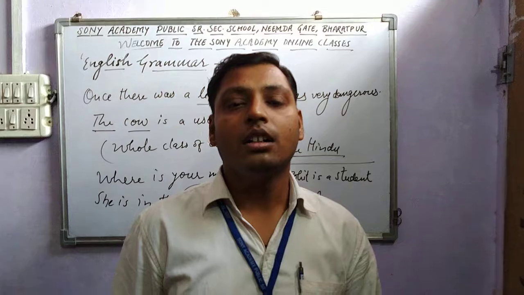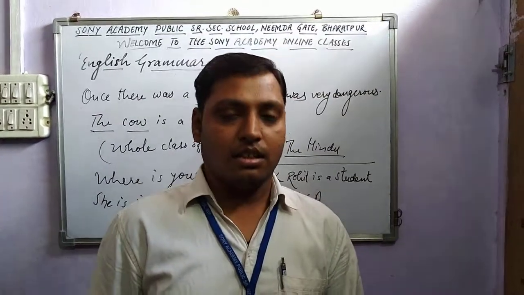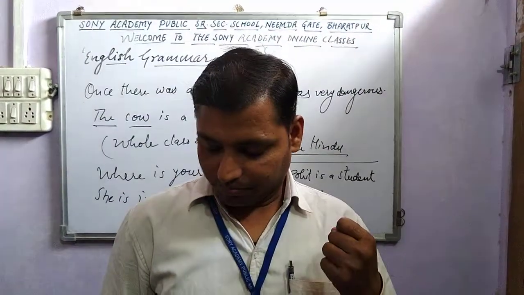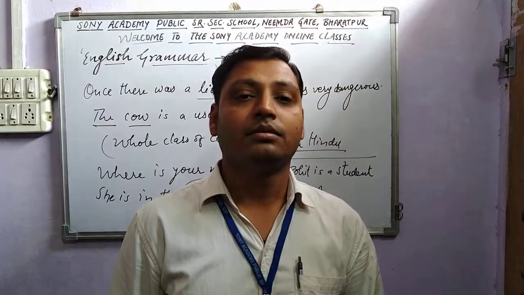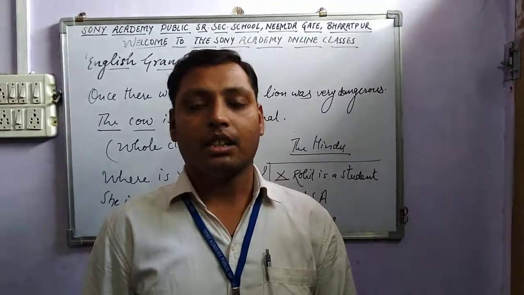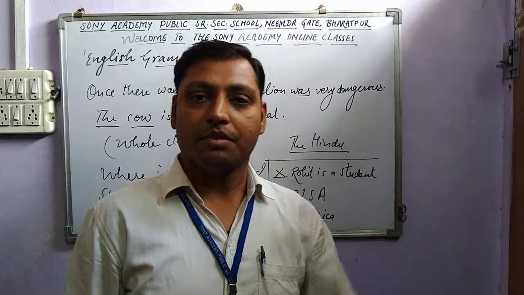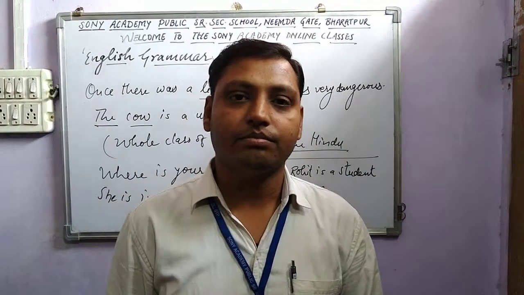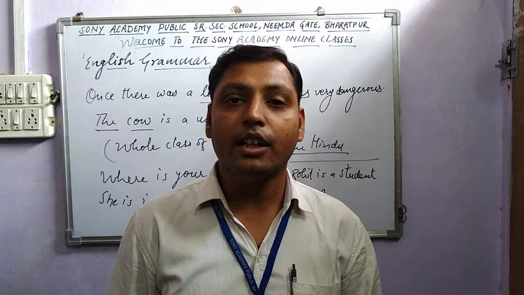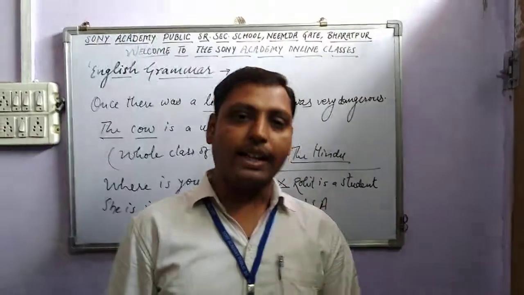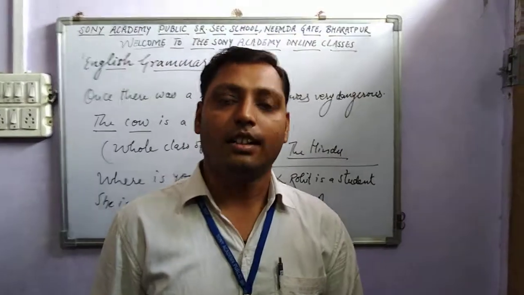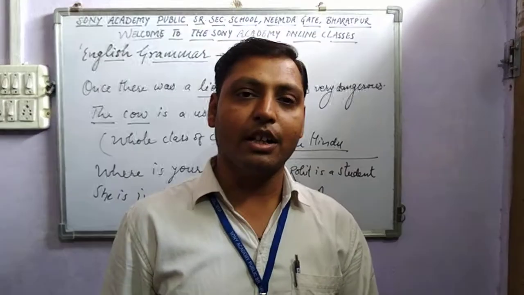And moreover, we don't say the cricket is the game of England. We say cricket is the game of England. So these are the important facts of articles. Thank you so much, my dear students.